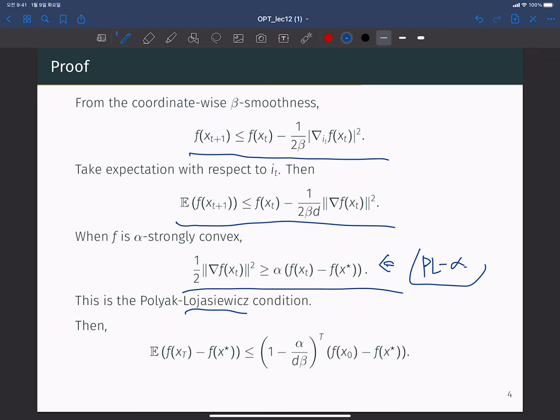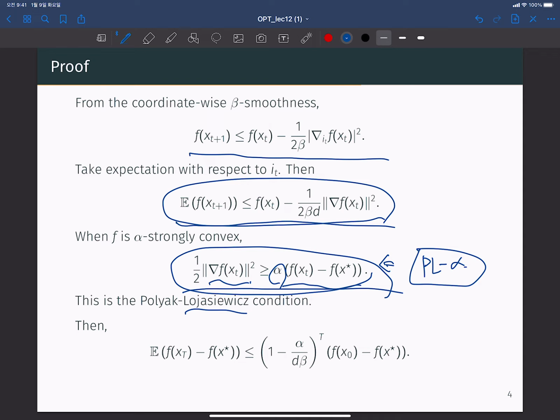If your function satisfies the PL alpha condition, this does not always mean alpha strongly convex, but alpha strongly convex always implies the PL alpha condition. Your norm of gradient squared always upper bounds the current optimization gap f(xt) minus f(x star) with parameter alpha. So from this inequality and this inequality, we can conclude this.